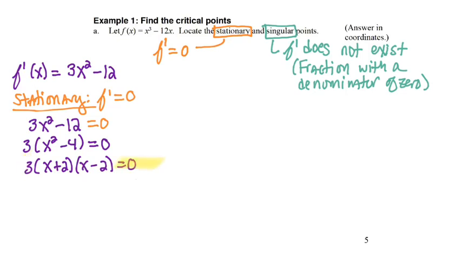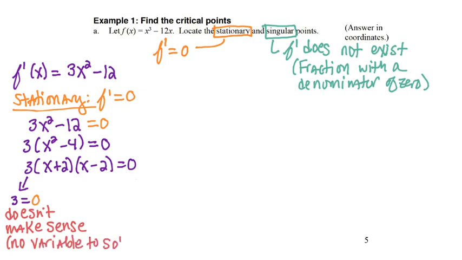Since this is set equal to 0, we're going to use the zero product rule and set all of the terms equal to 0. Well, if you set the 3 equal to 0, that doesn't make sense, right? There's no variable to solve for, so that didn't help us at all.